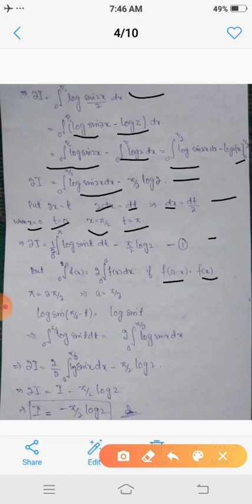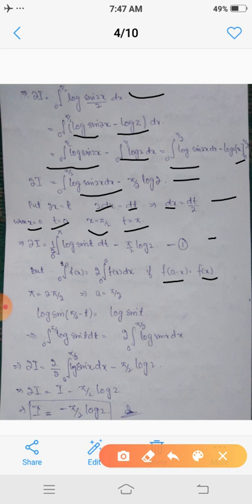So using this property, the integral 0 to pi log sine t dt is simply twice the integral 0 to pi by 2 log sine x dx, because we break this pi as 2 times pi by 2, which is simply 2I.